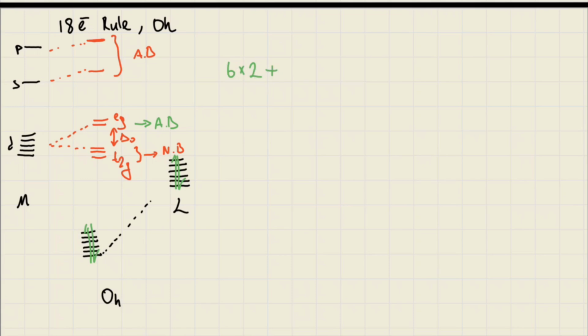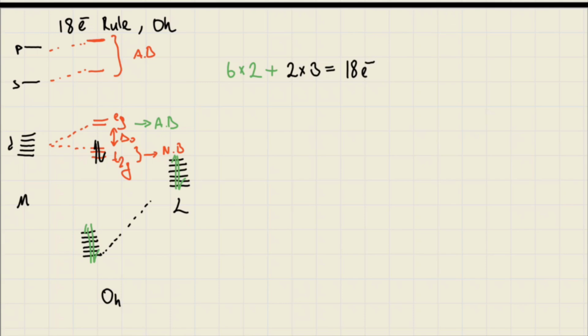So EG orbitals, as I mentioned, are anti-bonding orbitals. So if an electron or electrons go to the EG orbital, then it causes instability in the molecule. So we will consider filling all the T2G orbitals, which means 2 times 3 electrons. And if we make the calculation, we will find the 18 electron rule.